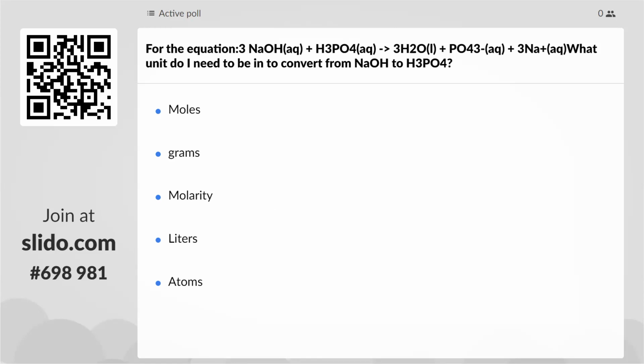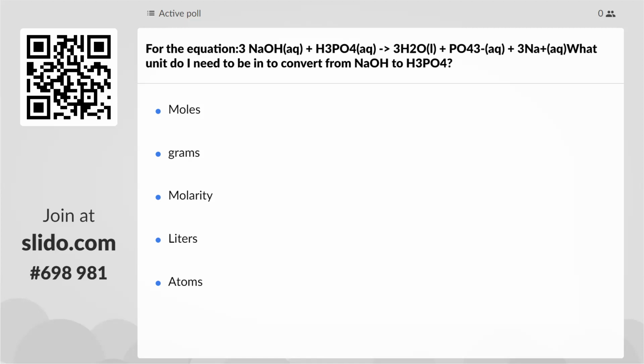Our first question is for the equation: 3 moles of NaOH plus 1 mole of H3PO4 goes to 3 moles of H2O plus 1 mole of PO4 3 minus and 3 moles of sodium. What unit do you need to be in to convert from NaOH to H3PO4?